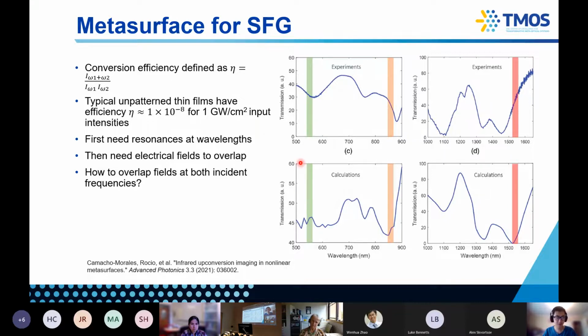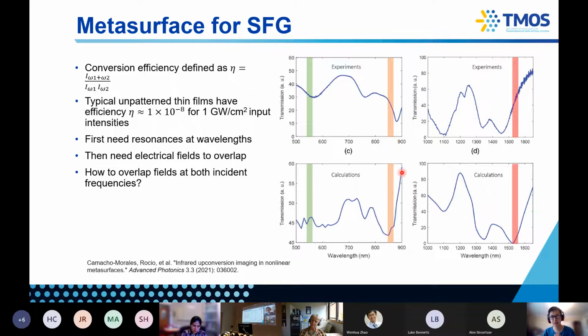Recently, there's this work from Rocio at Australian National University who demonstrated infrared upconversion in nonlinear metasurfaces, and this was one of the first demonstrations of SFG in experiment for metasurfaces.